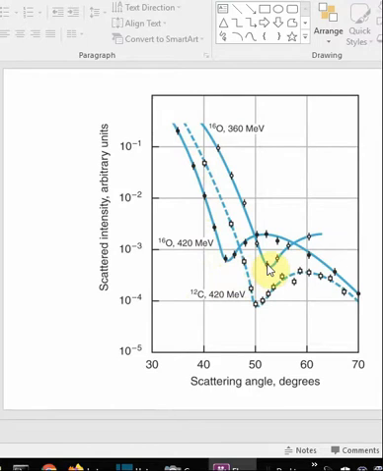Let's do an example. Let's use that Fraunhofer diffraction formula to find the approximate radius for this oxygen using 360 MeV. So we need the angle for the minimum, and to me that looks like it's about 53 degrees. That's what I'm going to use for my approximation.